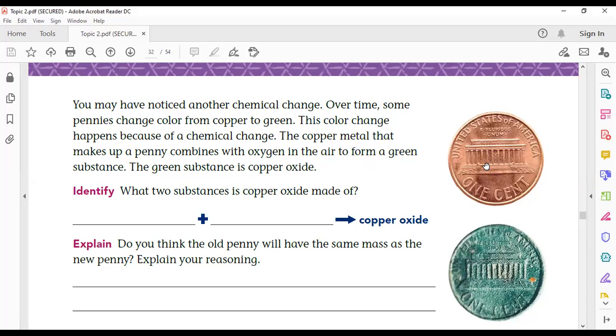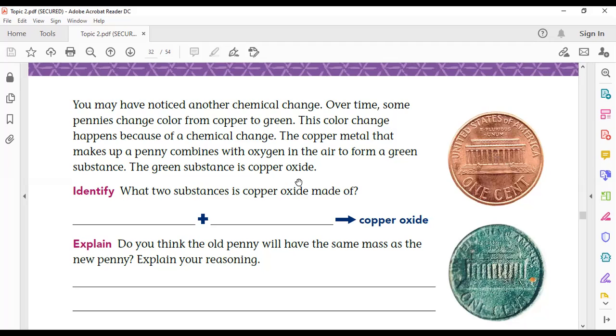So what happens to this penny? This penny is made up of copper. Look at the original penny. Here it is new. But over hundreds of years, or over a long period of time, a chemical change happens to this penny.